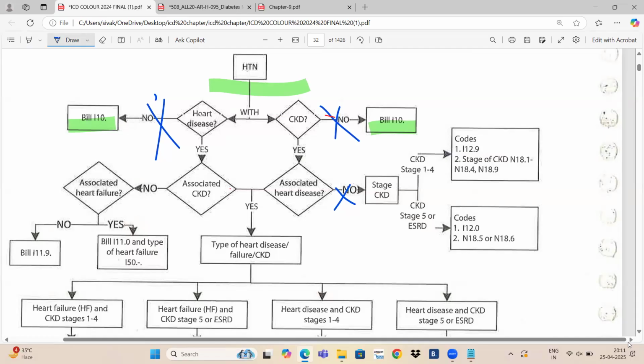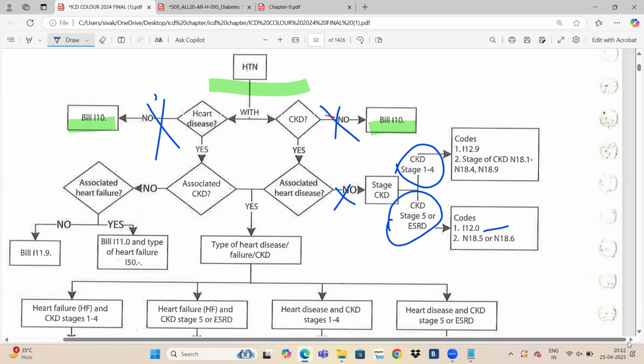I12.9 for CKD stage 1 to 4 and unspecified stage. For stage 5 or ESRD, you need to use I12.0. So you need to use different codes for hypertension with CKD. You need to check the stage. Based on the stage, you will get the combination code.